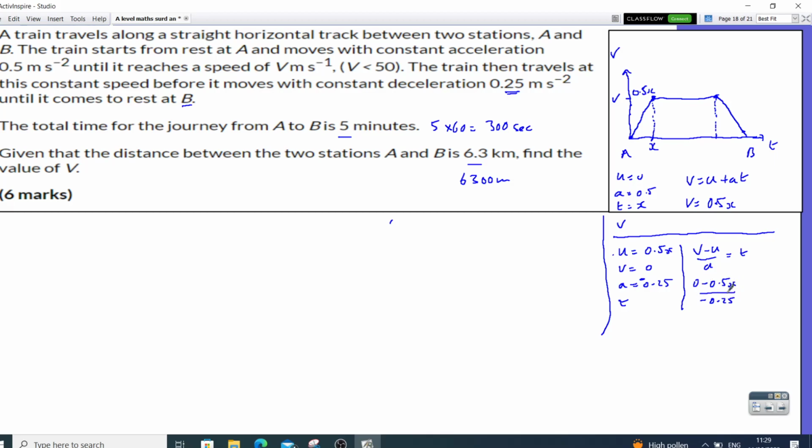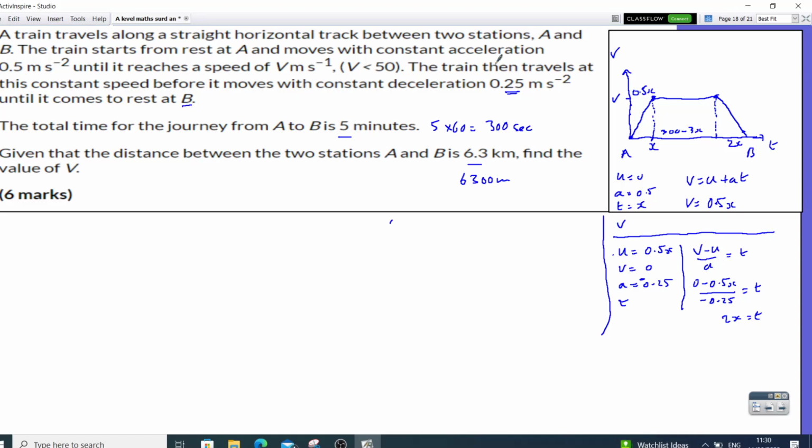The negatives will cancel, and that divided by that will give me 2x, which we predicted. Now, if this distance is x, this is 2x, we know the whole timing from here to here is going to be 300. So this distance here is going to be 300 minus 3x.